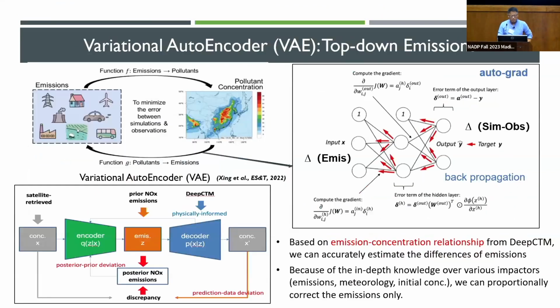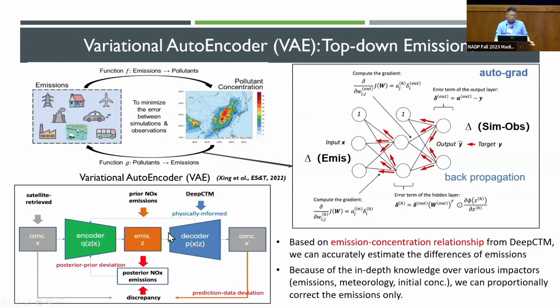So as briefly mentioned earlier, once the decoder is trained well, now we're going into what we call the encoder. It's a variational autoencoder. It's very well known in the machine learning world. We use the knowledge that we got from the decoder and apply it back. So what you're seeing here in this decoder is the deep CTM that I mentioned, coming from the emissions to get the concentration.